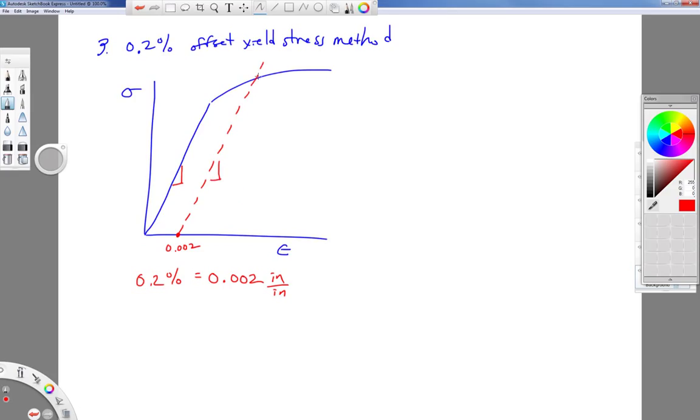So that's my dashed line, my dashed red line in this figure. The point of intersection of your stress strain curve and this dashed line is the 0.2% offset yield stress.